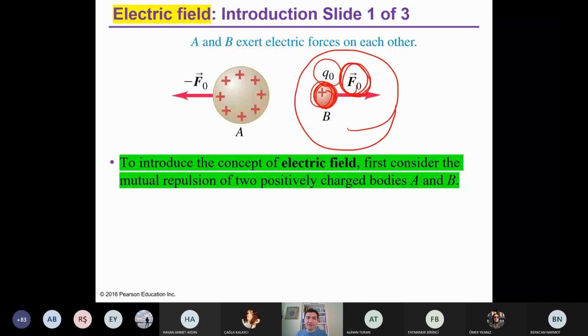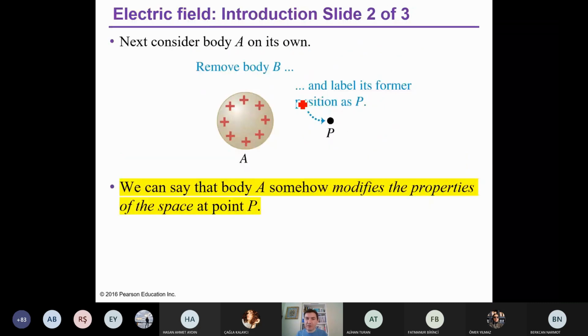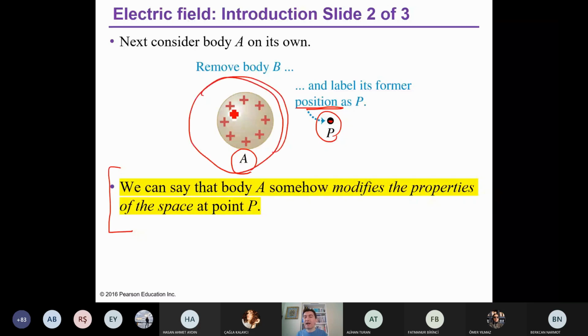So just remove this test charge from this point and put here a point, in order to show the position of the test charge. Now there is no charge here, but I just put a sign to show the position of the test charge. So now we can say that body A on the left side somehow modifies the properties of space at point P. If on the left side I have a positively charged particle or ball, it modifies the properties of space around itself.